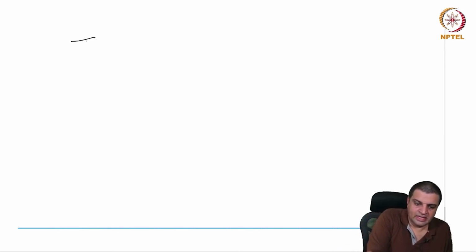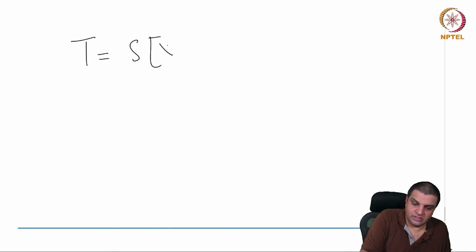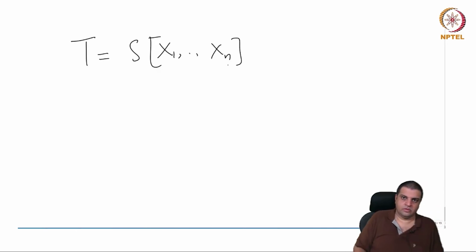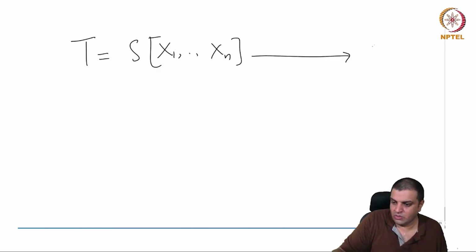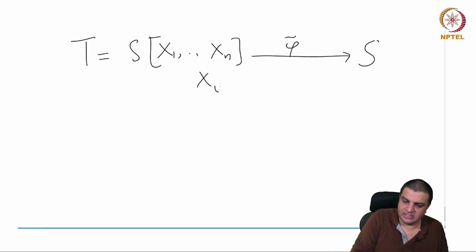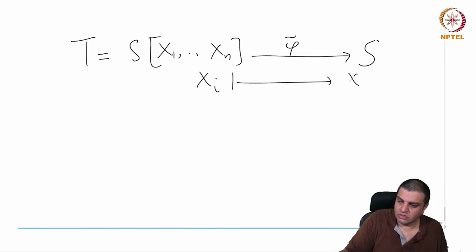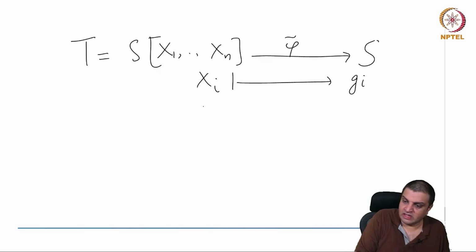T, remember, is S adjoined the x's. And we have a map phi tilde to S in which xi goes to gi and elements of S are unchanged.